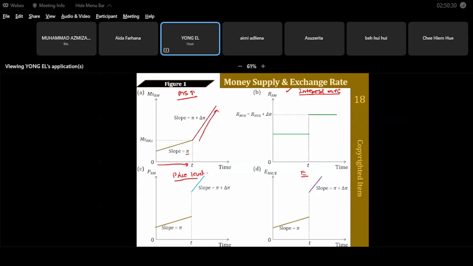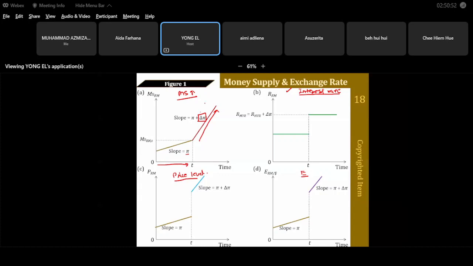The money supply curve will become much steeper like this one. This is an increase in money supply, but the problem is the inflation rate also increases a lot right here. This is the summation term, the change in inflation rate.